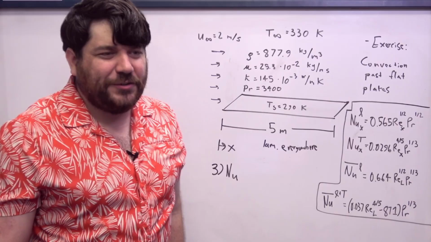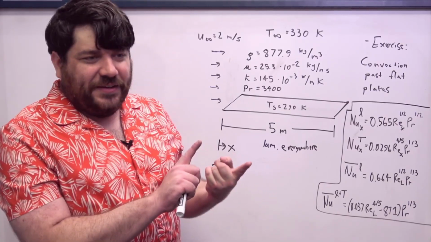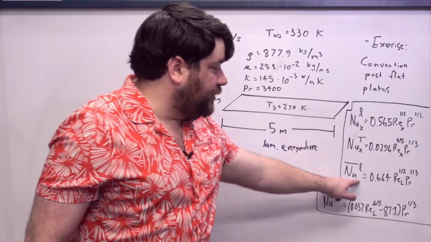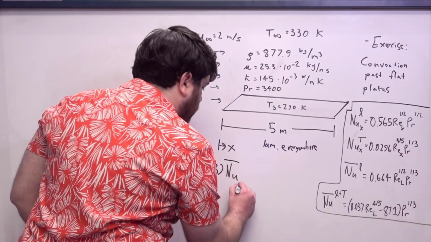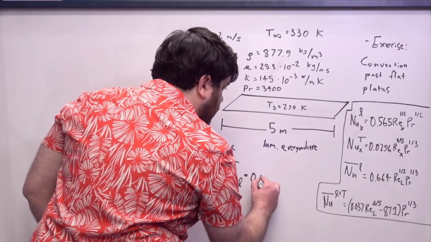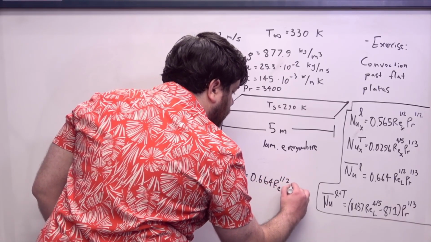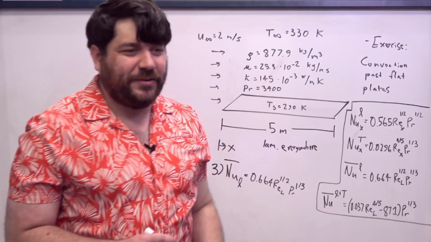Okay? And so usually when you're working with flat plate problems, you are choosing between one of the 4 following correlations, right? And the correlation that we're going to use now is the correlation for the average Nusselt number for laminar flow everywhere, which is this third one right here. Okay? And so we can immediately pull what that number is using the previously calculated value of the Reynolds number and the Prandtl number.